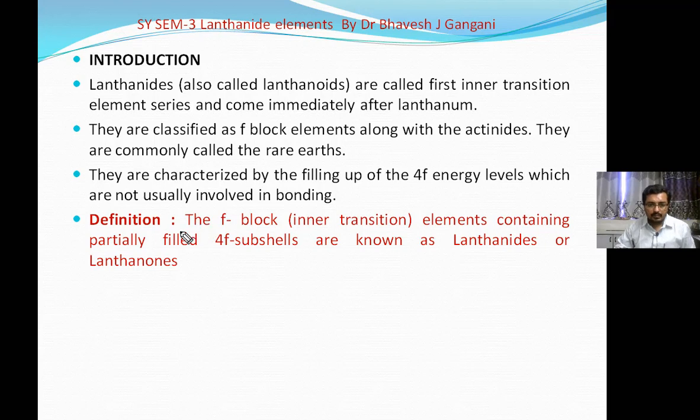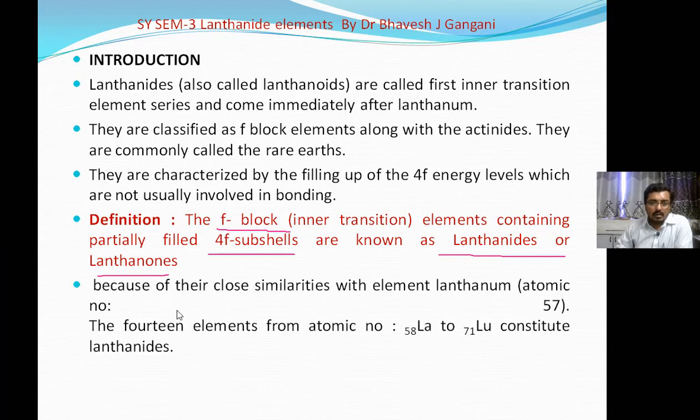So how can we define lanthanide elements? Simply, F block elements in which the 4f orbital, or we can say the 4f shell, is incompletely filled with electrons are known as lanthanide elements, or lanthanoids. Or we can define in the same way: F block elements containing a partially filled 4f orbital are known as lanthanide elements.